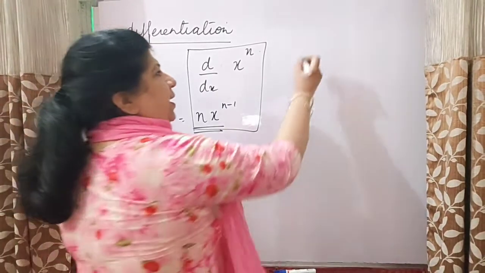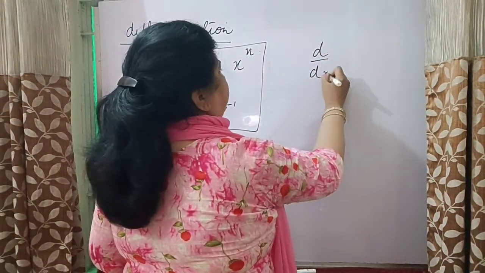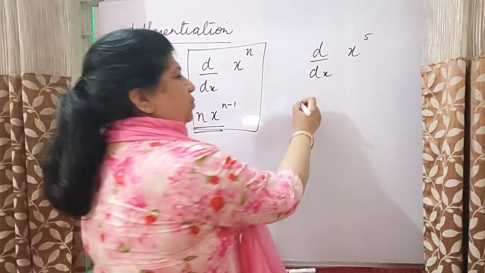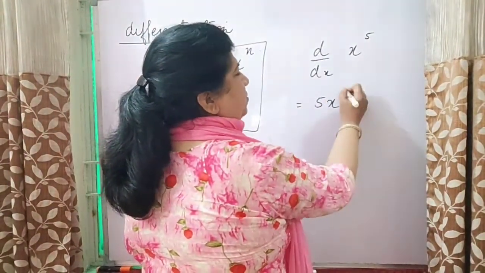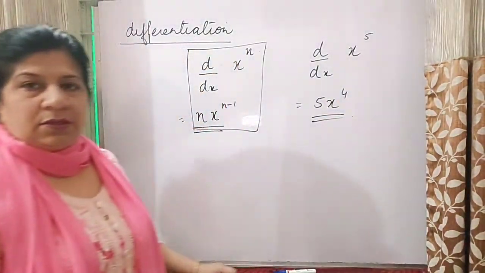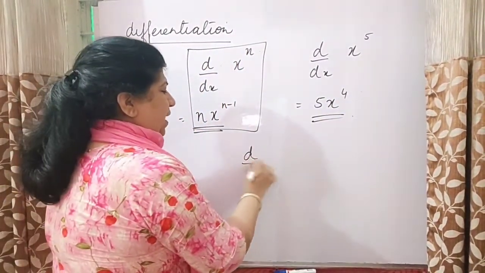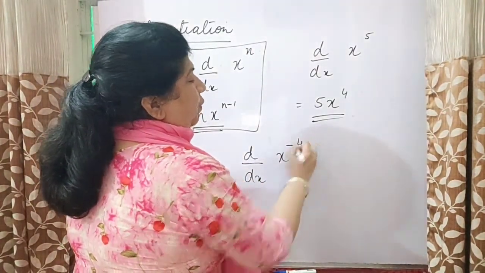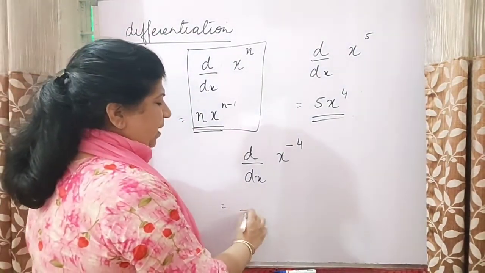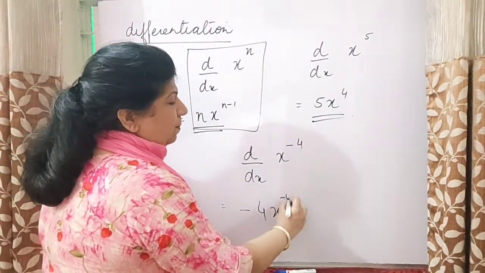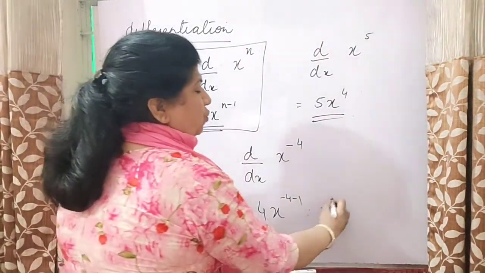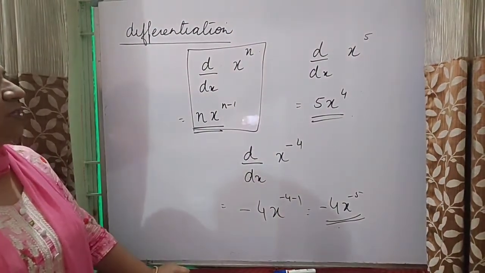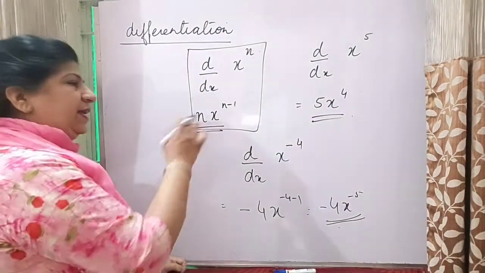For example, if I am differentiating x to the power of 5, the answer is 5x to the power 5 minus 1, that is 4. Another example, if I am writing d dx x to the power of minus 4, minus 4 comes here, x, now minus 4 minus 1 gives you minus 4 x to the power of minus 5. So you need to take care of that. This is the simple differentiation formula, and we'll be applying it as such.